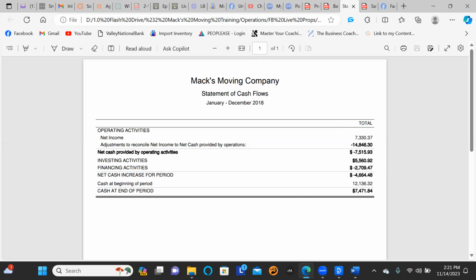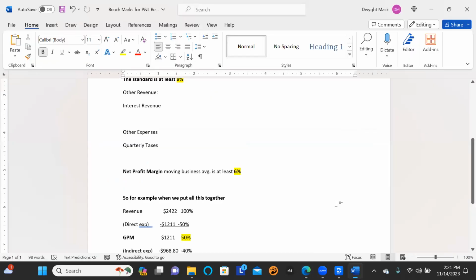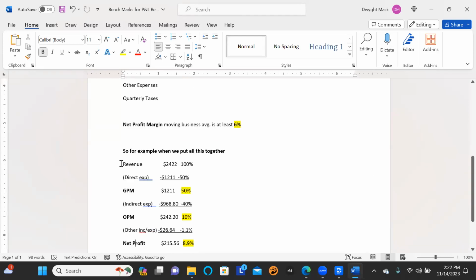One of the examples I used for the P&L statement was, let's say that you brought in a total revenue of $2,422. Your direct expense, which is your COGS, was $1,211. That was about 50%. So that's going to leave you with 50% left, which is $1,211.